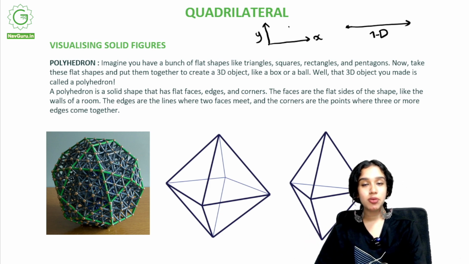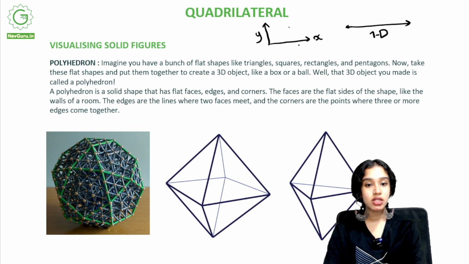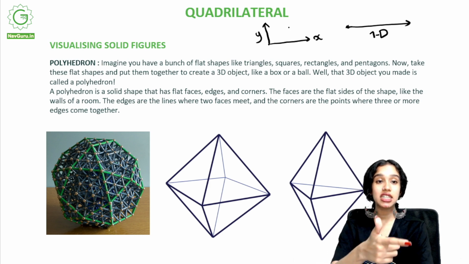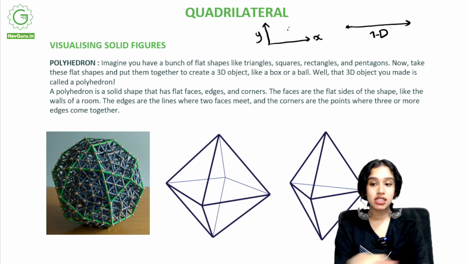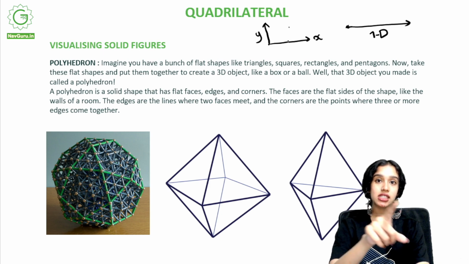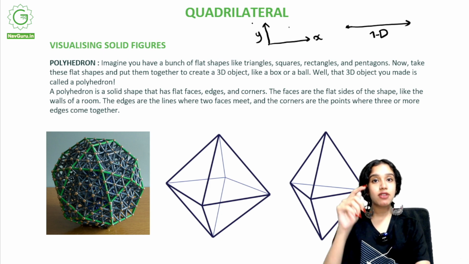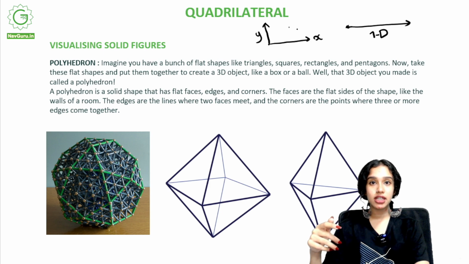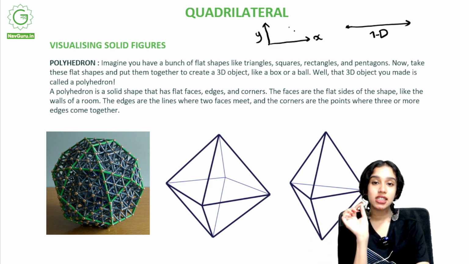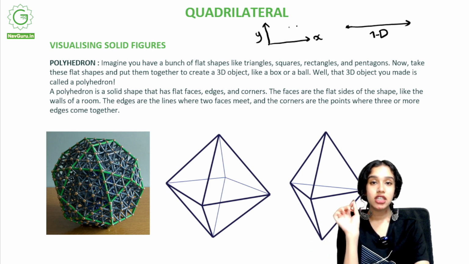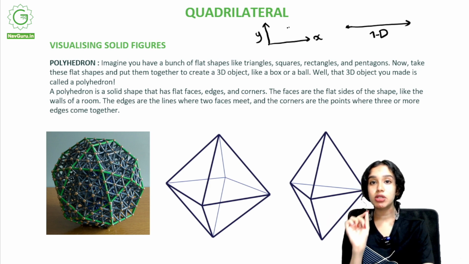I could spot any point on this board by saying that it's around 16 centimeters away from the x-axis, if I'm considering this as origin, and 15 centimeters from the y-axis. I could exactly describe the position of a point using 2 coordinates in 2-dimensional figures.